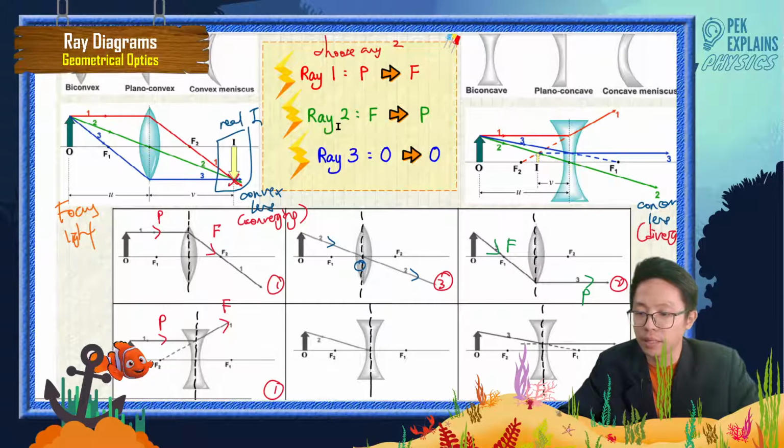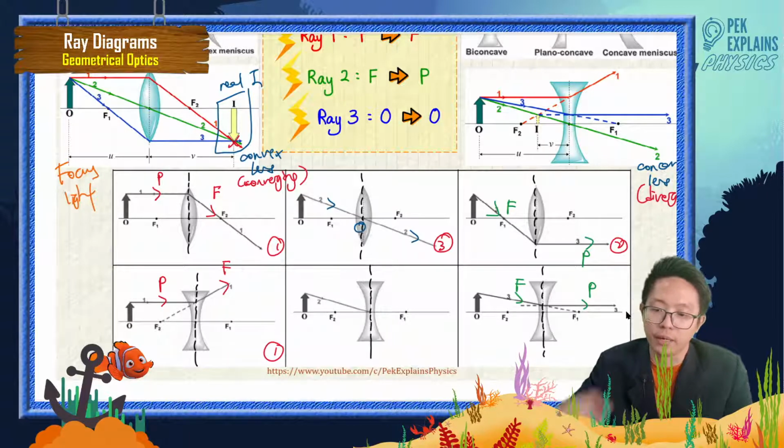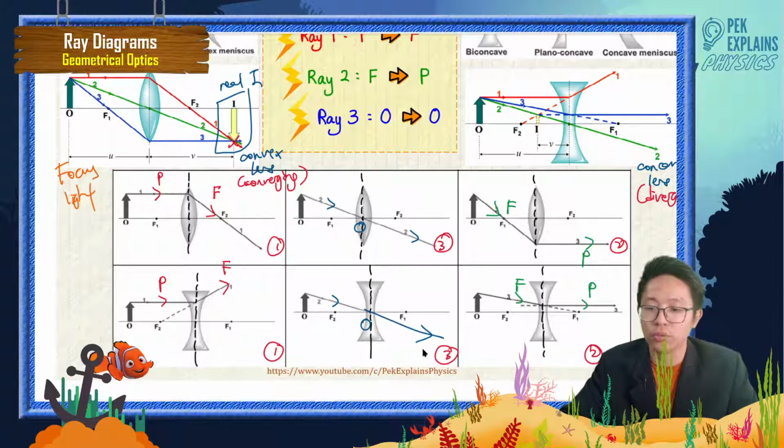That means it goes toward the focal point on the other side, but diverges parallelly. And then for the last one, ray 3, it passes through the optical center undeflected. This is number 3. This is number 2.